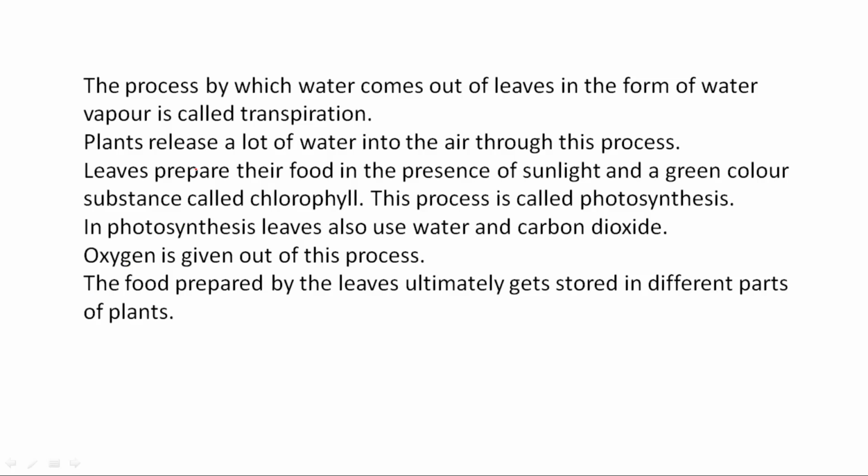The process by which water comes out of the leaves in the form of water vapor is called transpiration. So sometimes you will see, okay, leaves release water in the form of water vapor, and this process is known as transpiration.